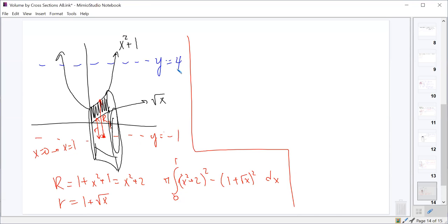What if I revolved it around the line y equals 4 instead of around the line y equals -1? What would my outer radius be?